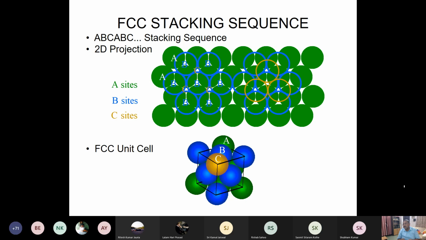So the stacking sequence of atoms, which are on close packed planes of atoms, will determine the crystal structure. They will differentiate between a body-centered cubic, a close-packed hexagonal, and face-centered cubic.